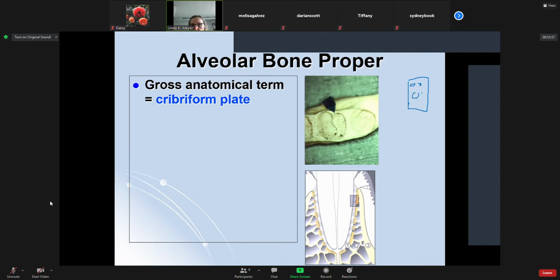Now, don't confuse this with marrow spaces. I should draw these smaller, little perforations. If you notice, there's these real tiny little holes here. Those are little openings for the blood vessels and nerves that go into the periodontal ligament.